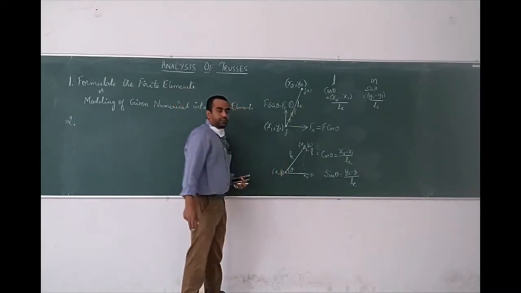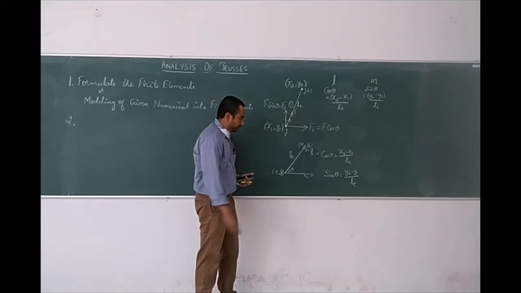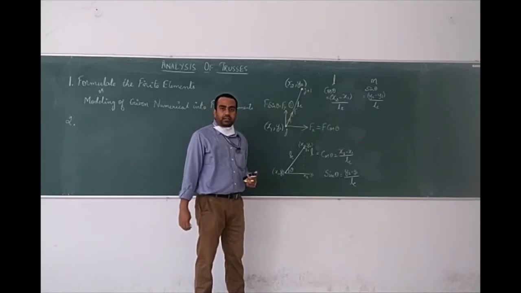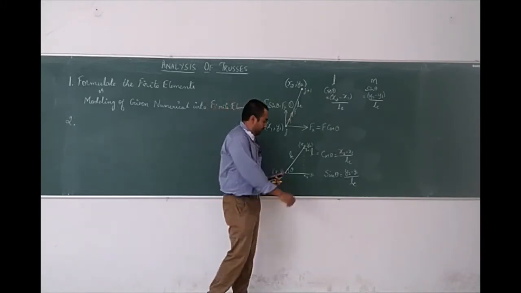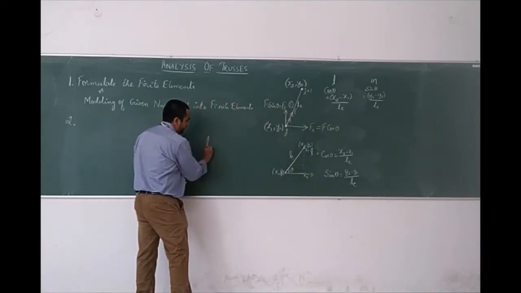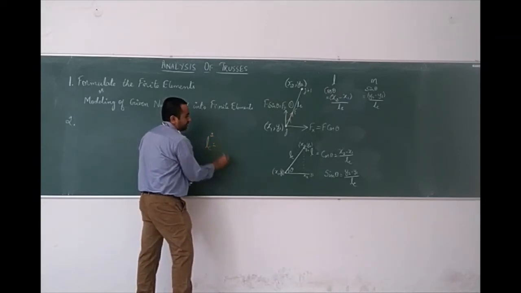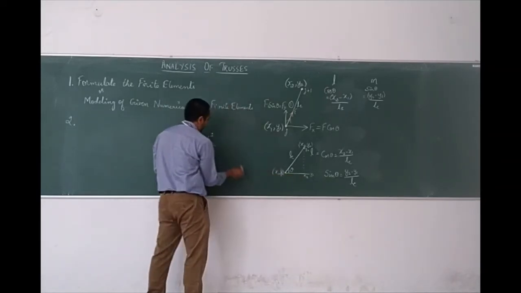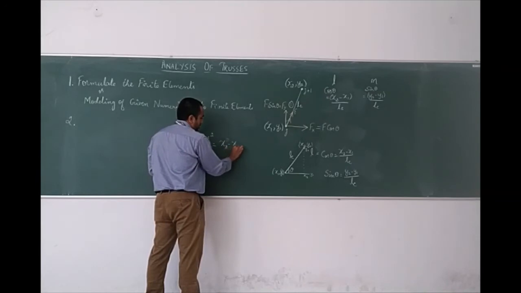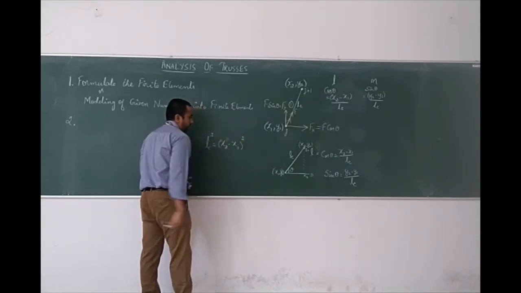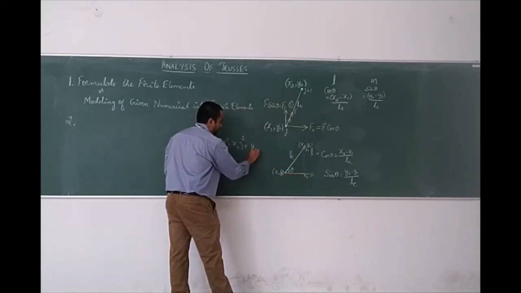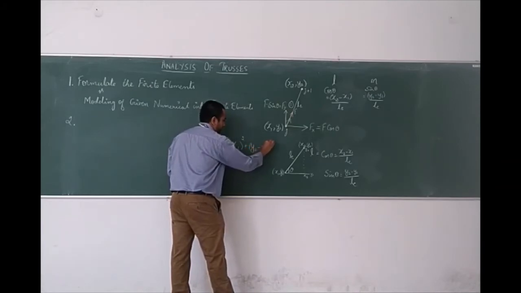If you use the Pythagoras theorem, the squares of the other two sides of a right angle triangle, if you add them, you will obtain the square of the hypotenuse. Now L e square is equal to x2 minus x1 whole square plus y2 minus y1 whole square.